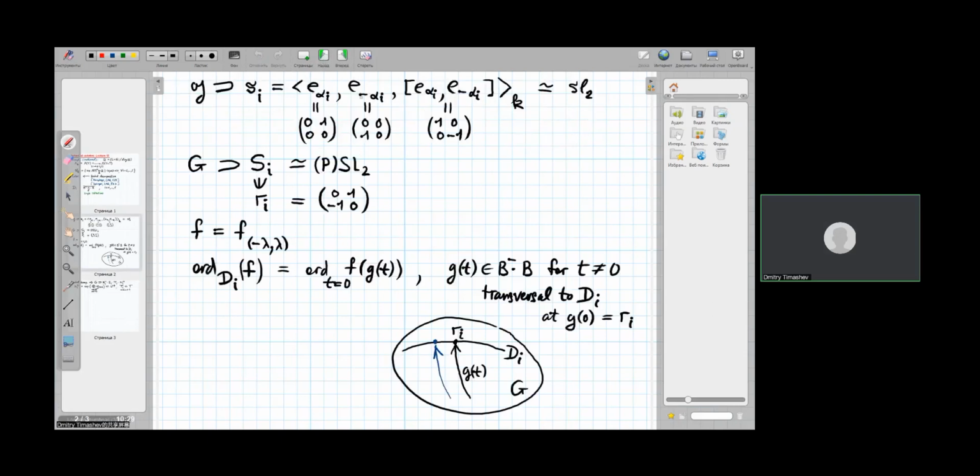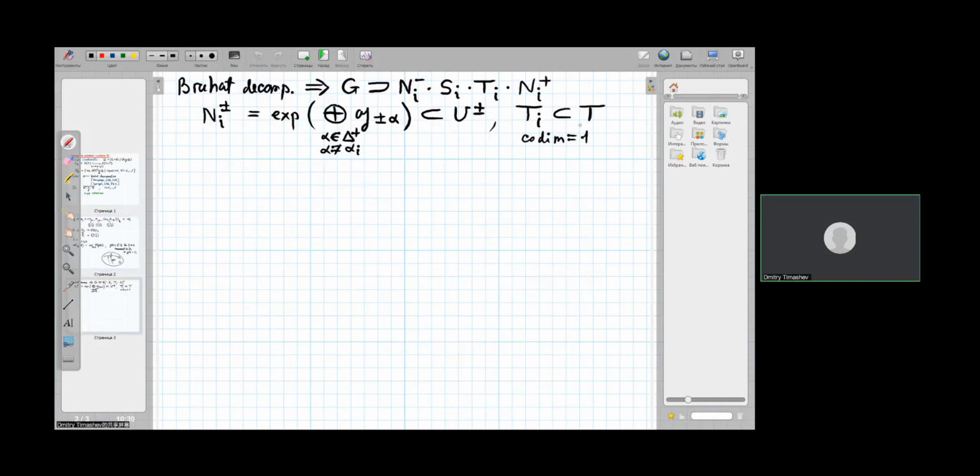Recall that Si is isomorphic to SL2 or PSL2, and the maximal torus in SL2 or PSL2 is just given by diagonal matrices with determinant 1. So we get a one-dimensional subtorus in T, and this Ti is the codimension 1 subtorus complementary to this one-dimensional torus, such that their direct product will be the whole T.